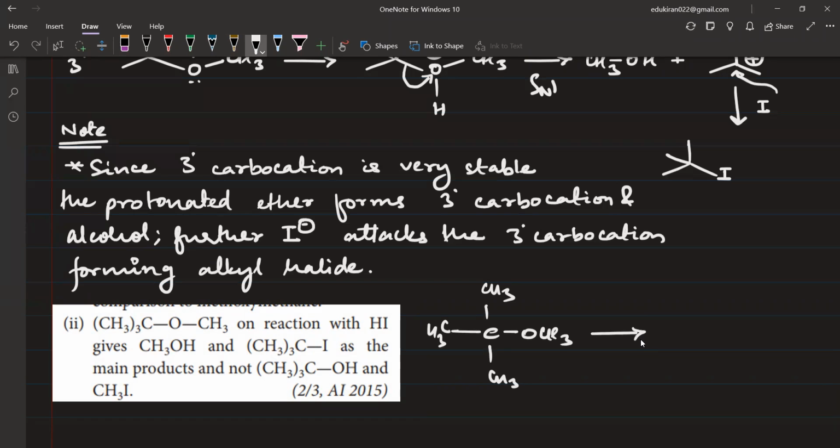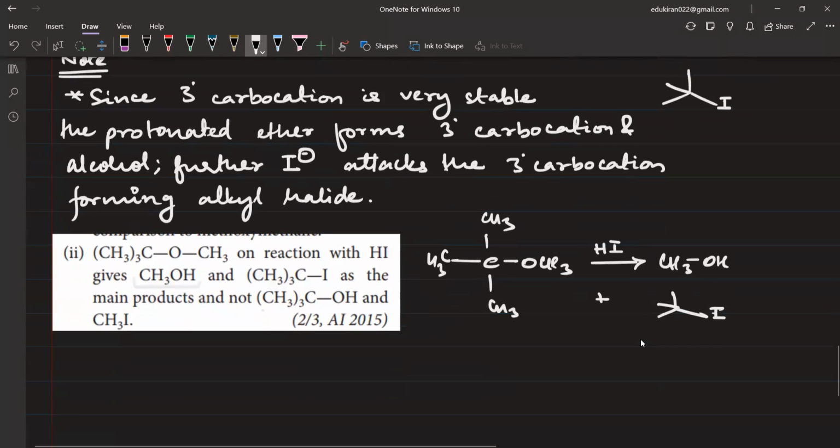Now, when I react this with HI, they're asking that it gives CH3OH and a 3-degree iodoalkane as the main product, and we do not get OH plus CH3I. This is not happening.